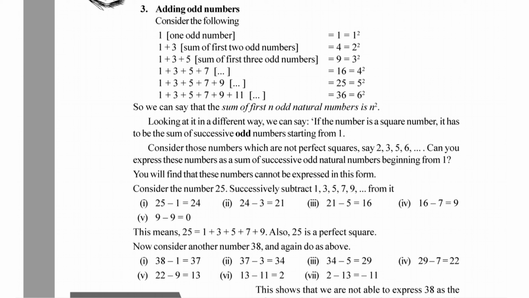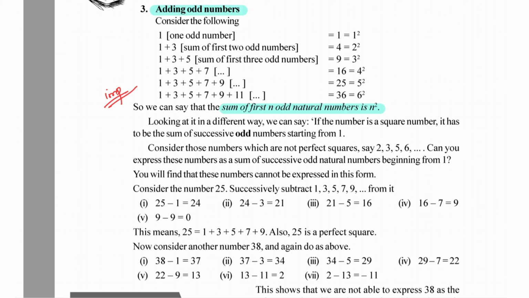Moving on to the addition of odd numbers. Here we can generalize that the sum of first n odd natural numbers is n square. This is important that you have to remember. Sum of first n odd natural numbers is n square.